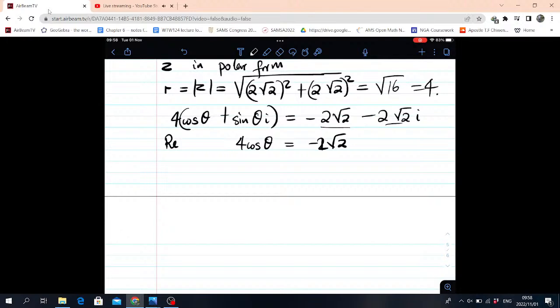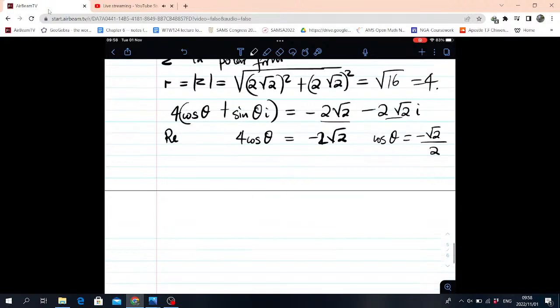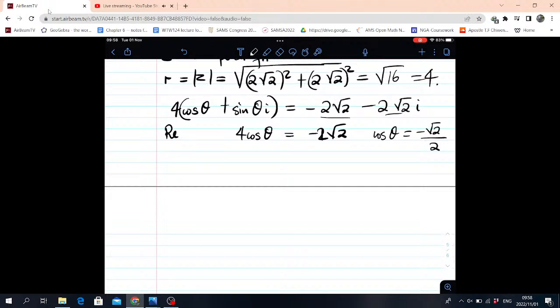Right, so we've got 4 cos theta equal to minus 2 root 2, and this tells us that cos theta is equal to, if you divide by 4 throughout, minus the square root of 2 over 2, and that tells me that theta has to be equal to 3 pi over 4, or minus 3 pi over 4.